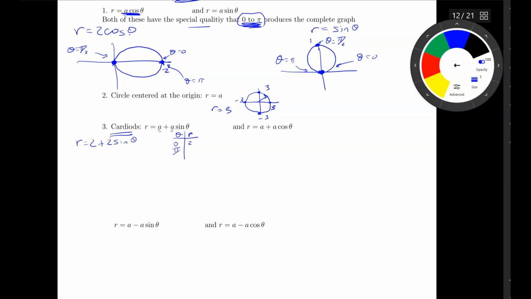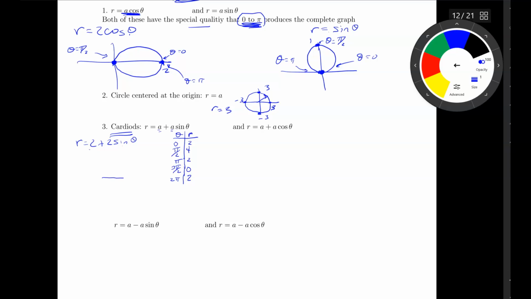If I plug in angle pi over 2, this will give me 2 plus 2, so I'll get a number r of 4. Angle pi gets me back to 2 again, because sine of pi is 0. 3 pi over 2 gives me negative 1 from sine of 3 pi over 2, so I'll get 2 minus 2, so that goes to 0. And then 2 pi goes back to 2 again.